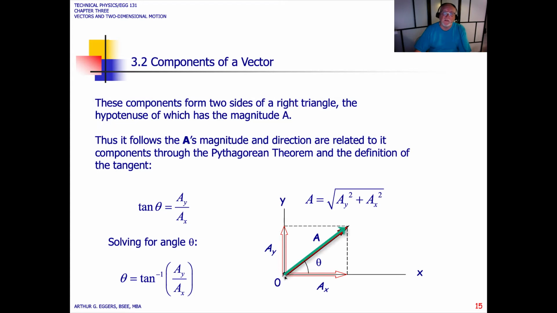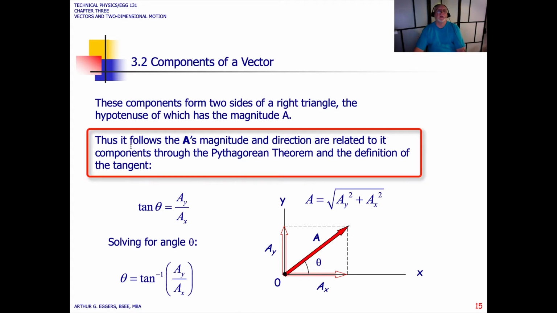If we look from 0 to this point here on a sub x, up to the height of a sub y, and back to 0 along the hypotenuse, there is our right triangle, because right here we have a 90-degree angle. Thus it follows that A's magnitude and direction are related to its components through the Pythagorean Theorem and the definition of the tangent. So we've got to rely on some mathematical relationships here.